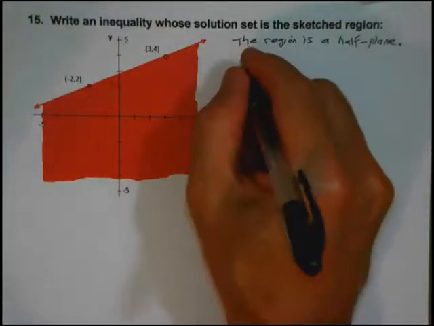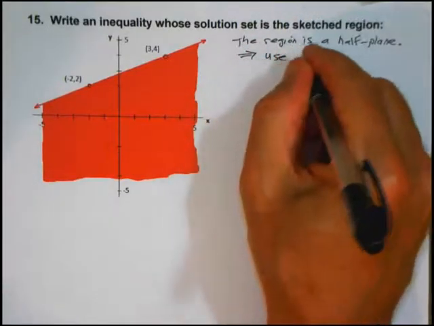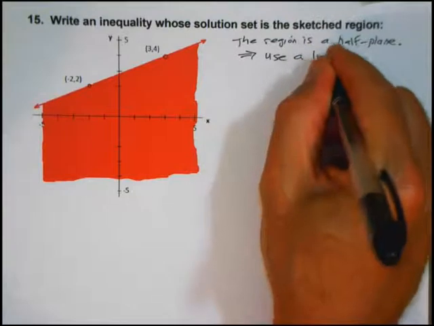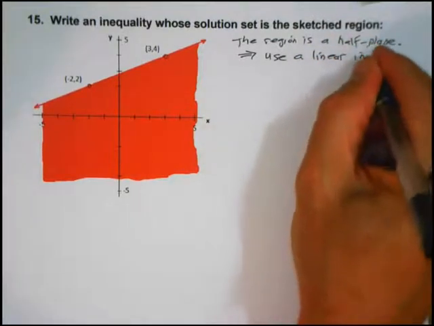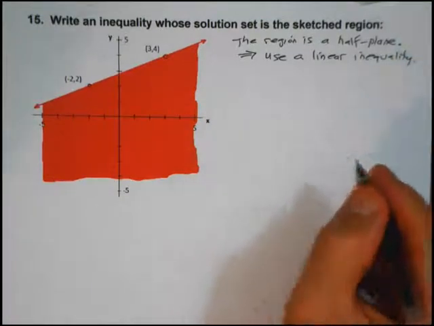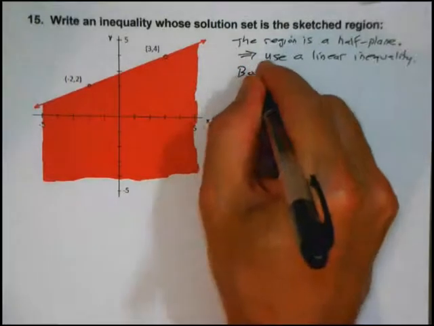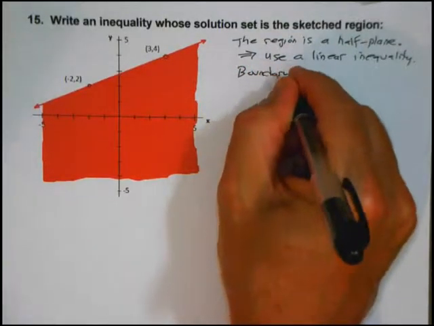We should use a linear inequality. That's the implication. Alright, well then we need the boundary line. Okay, let's work on the boundary line equation.